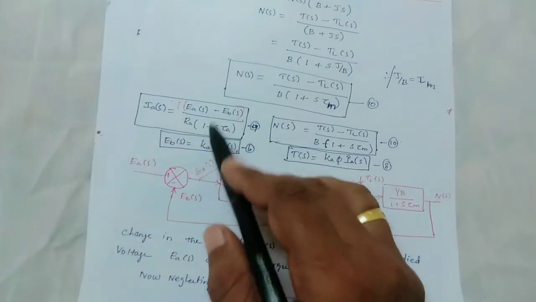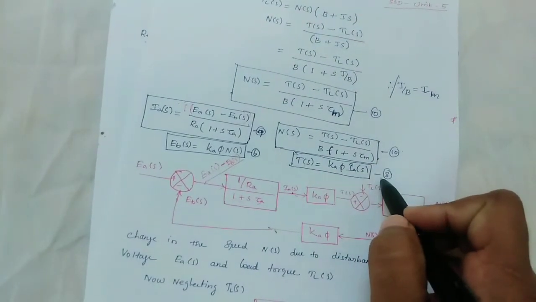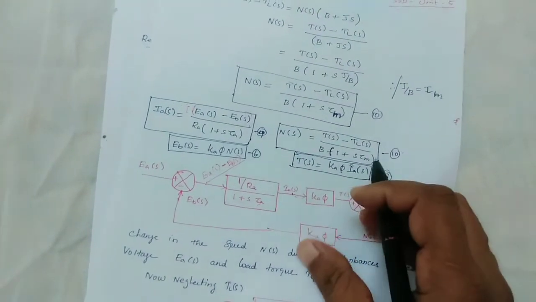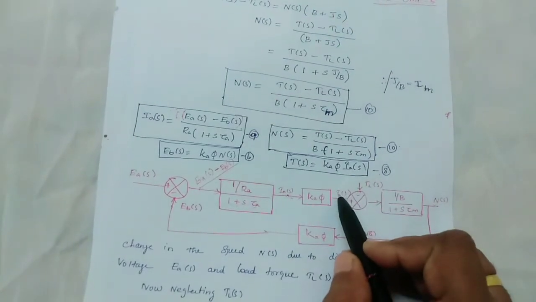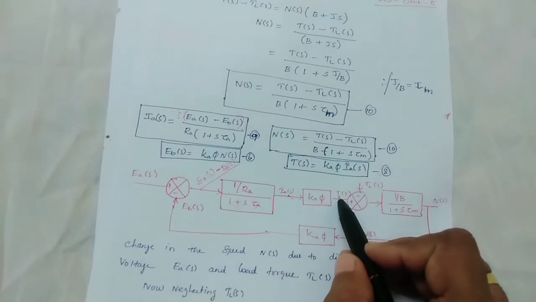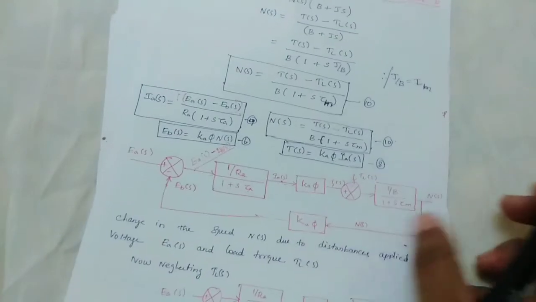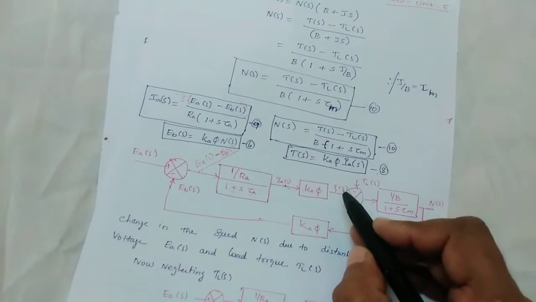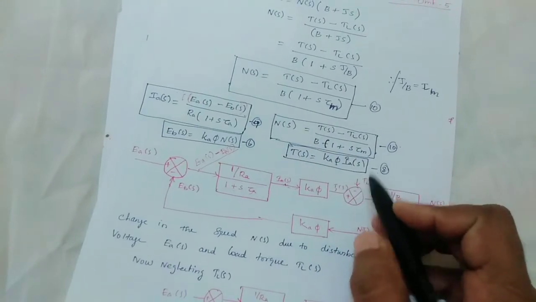First we draw from equation number 9 and then from equation number 8. That is, we have T of s, that is torque. After the simplification of T of s, we have a comparison of T of s minus TL of s.